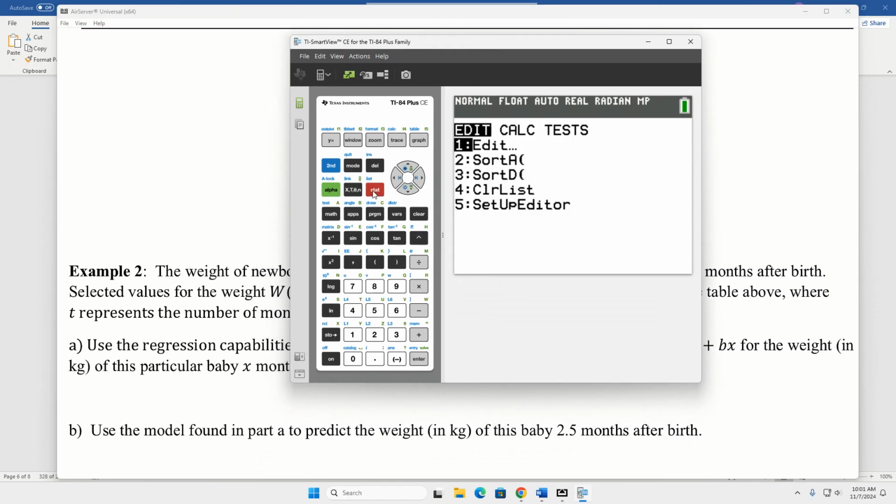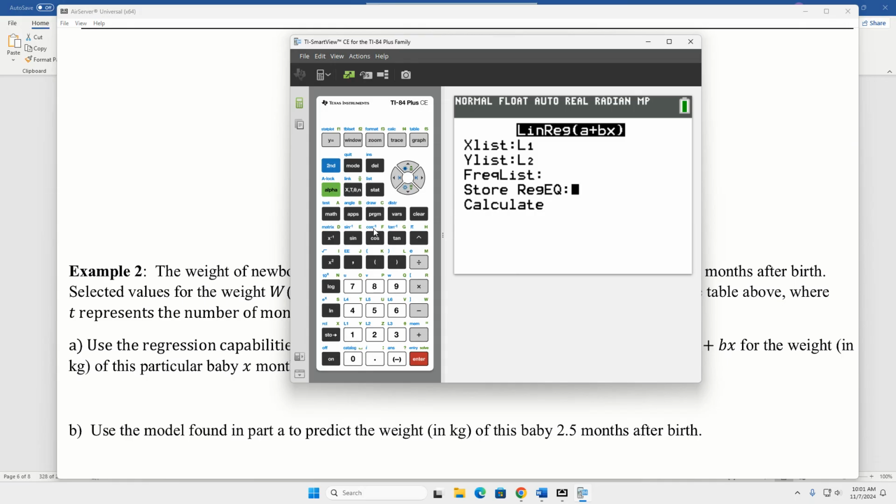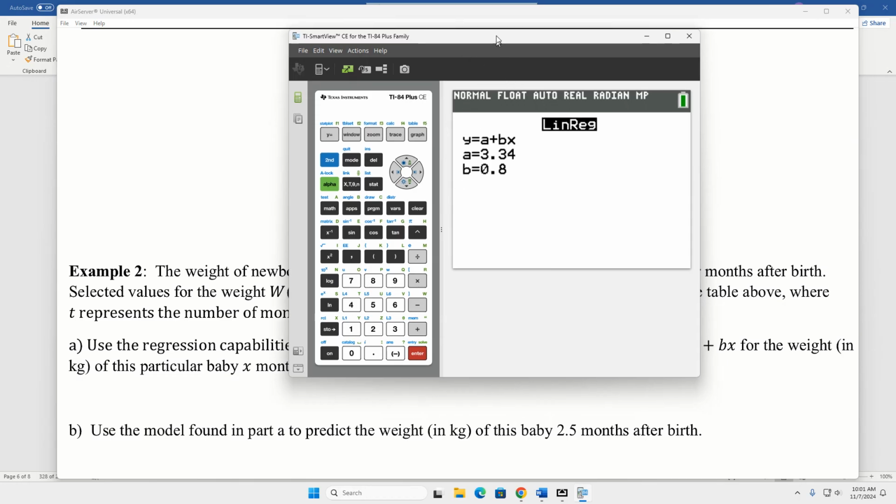And so we're going to go to Stat, and we're going to go over to Calc. And then the one they're talking about is number 8. I'm going to use it in a second, so I'm just going to go ahead and store it for Y1. That's always a good habit. All right, there we go.